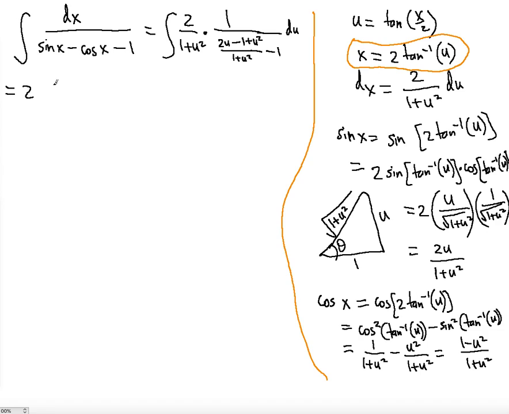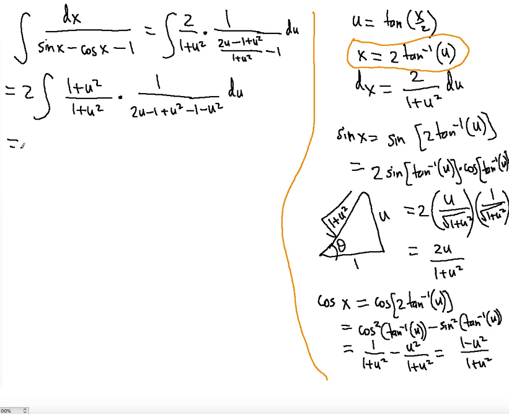Let's take the 2 out. 1 plus u squared will be on the top. I'm talking about this 1 plus u squared eventually. And then 1 over this resulting small denominator. Let's copy it down: 2u minus 1 plus u squared minus 1 minus u squared du.